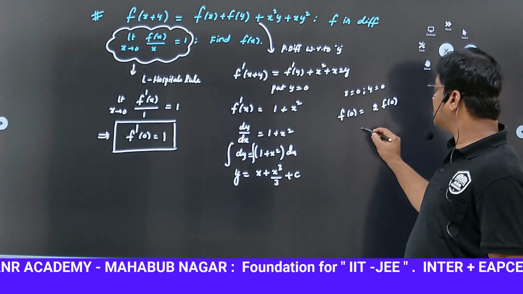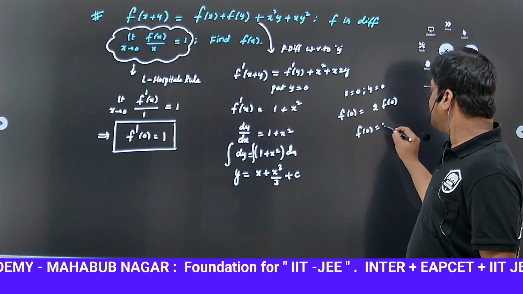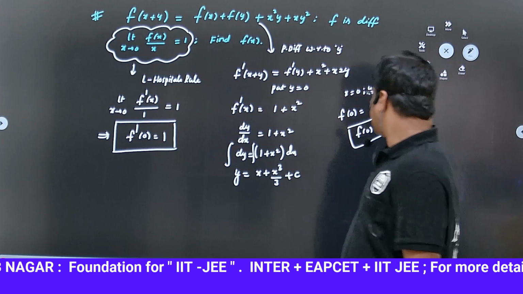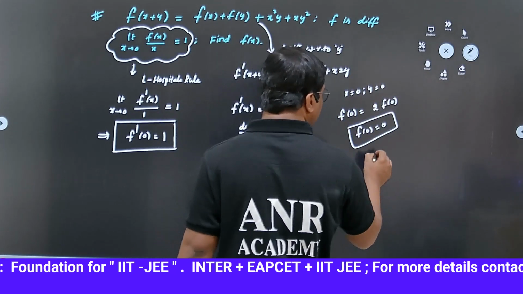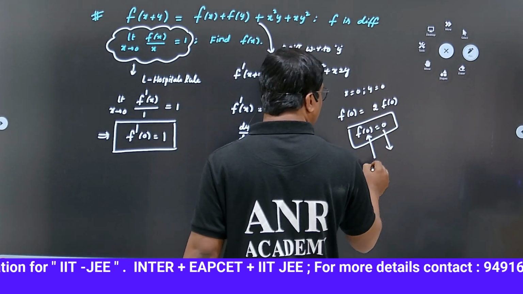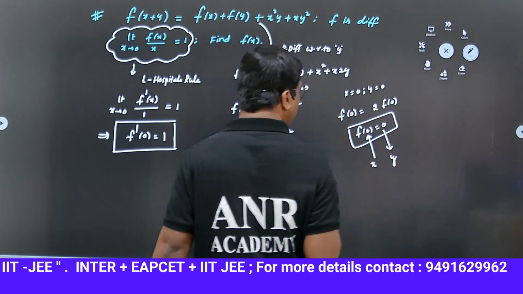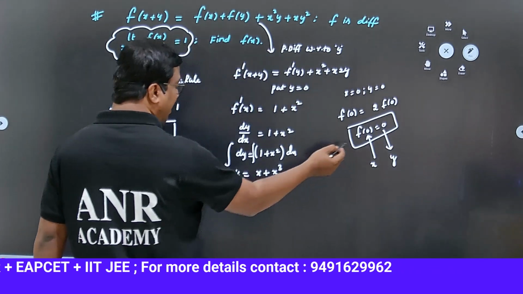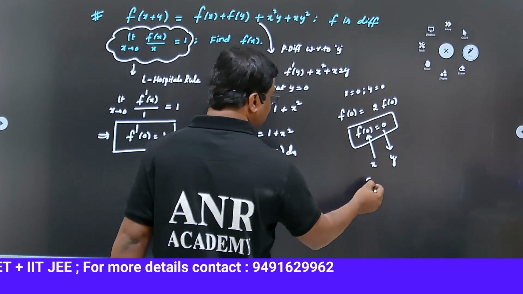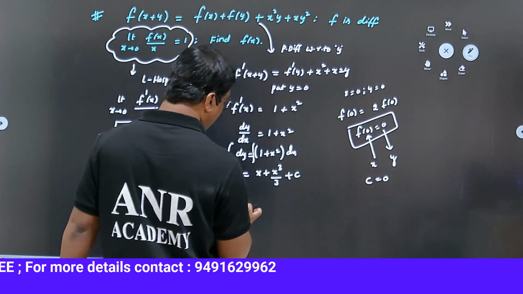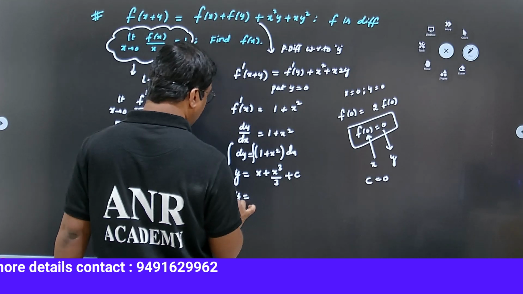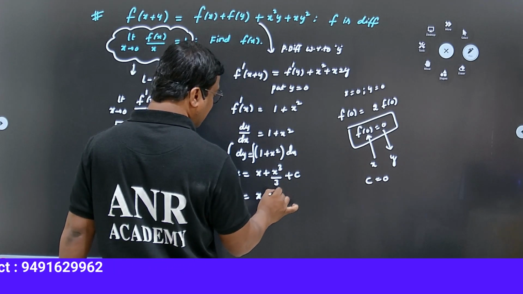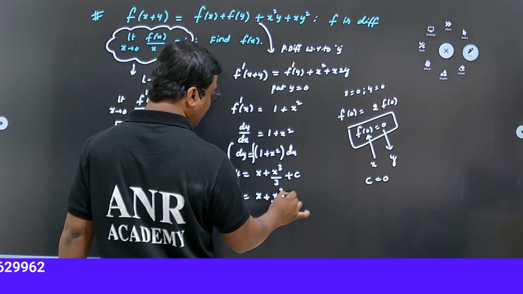And hence f of 0 becomes 0. It is possible only when f of 0 is 0. So the function is passing through the origin, input x 0 implies output y also 0. Therefore, writing x 0, y 0 in this, c becomes 0. Therefore, the function y equals f of x is x plus x cube divided by 3.